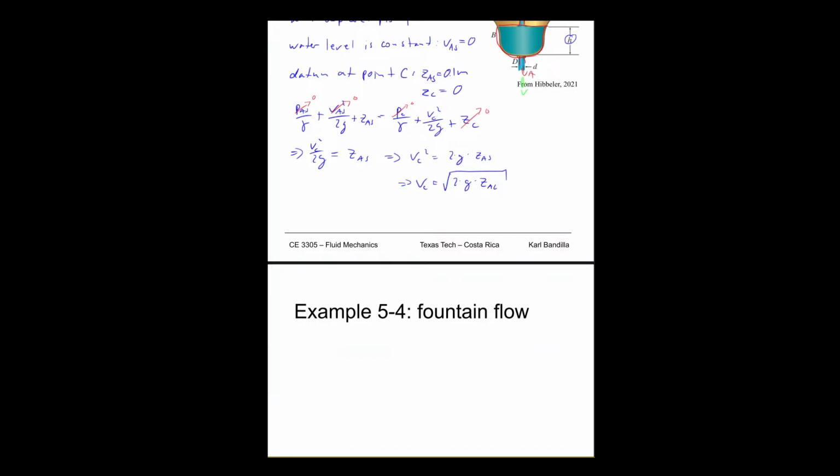Again, let's say for cup B, what do we have? We have a fixed control volume. We have steady flow, because we want to have that level to be constant.